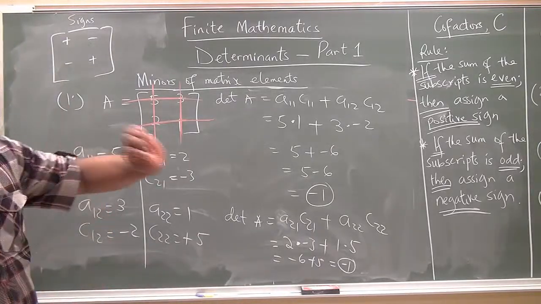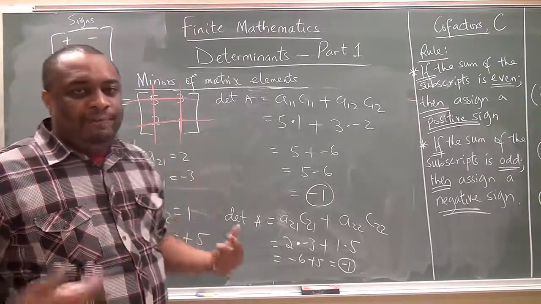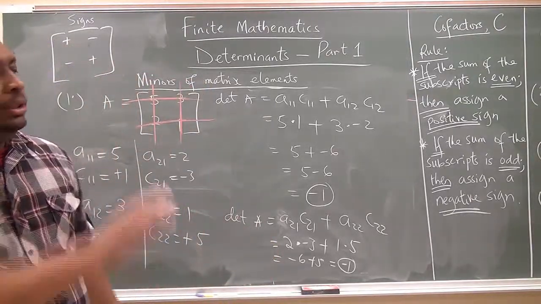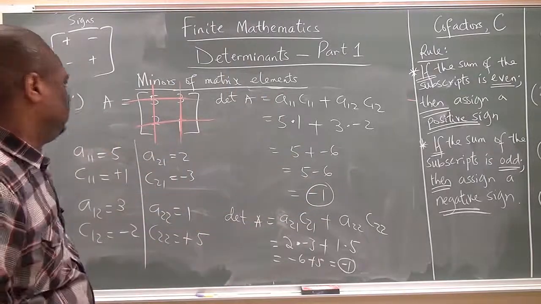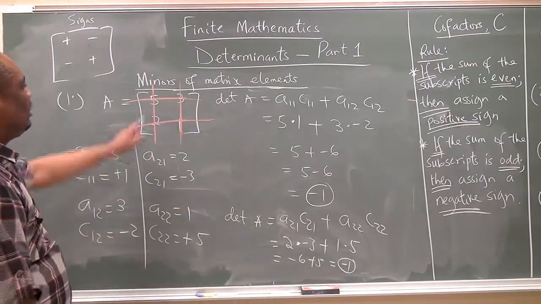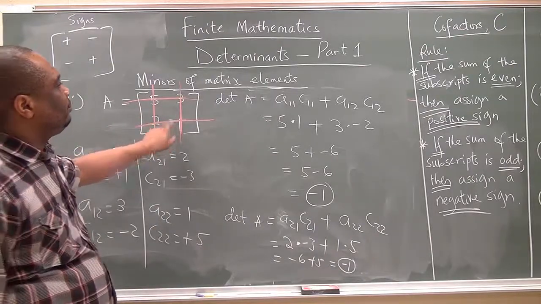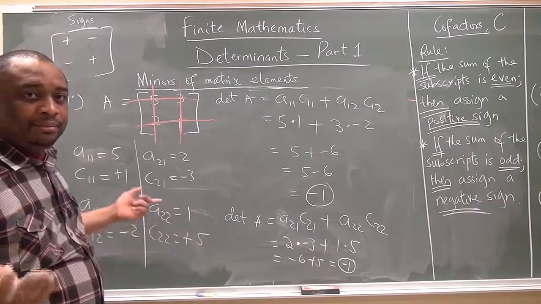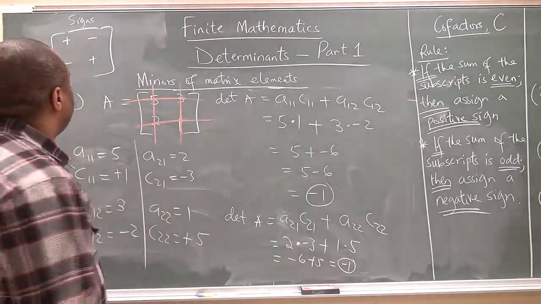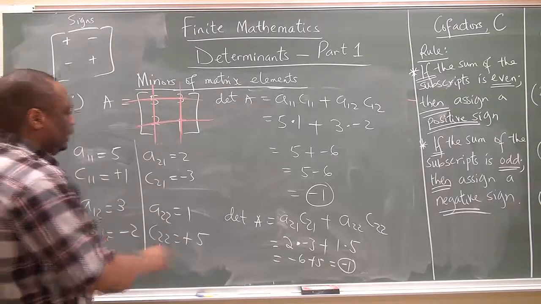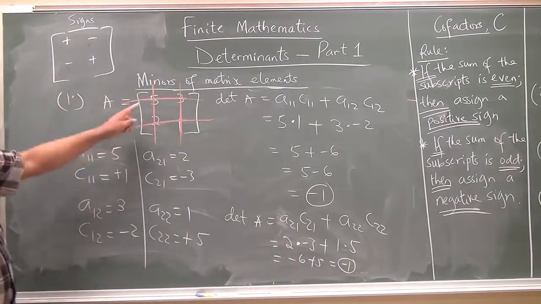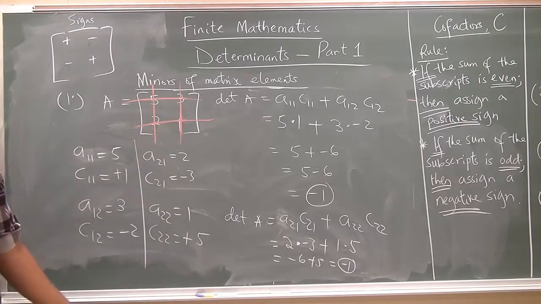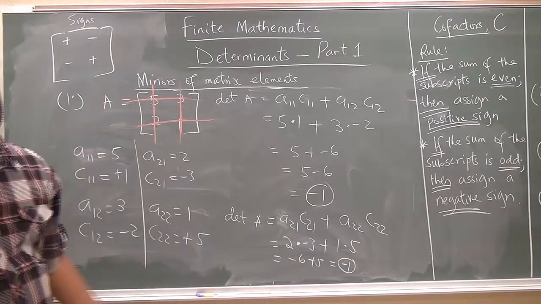Now, this is following it from the definition. What if I do not want to follow it from the definition? What if I want the easy way out? Just the diagonal right away. Because it's a 2 by 2 matrix, to save time, it will just be diagonal 5 times 1 minus 2 times 3. And that is 5 minus 6, which is minus 1.